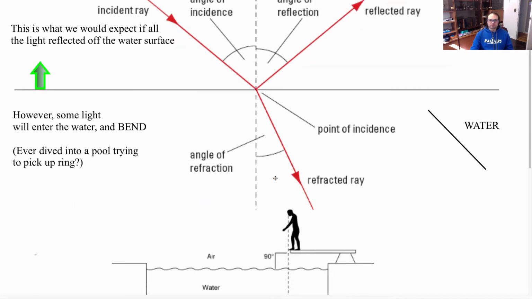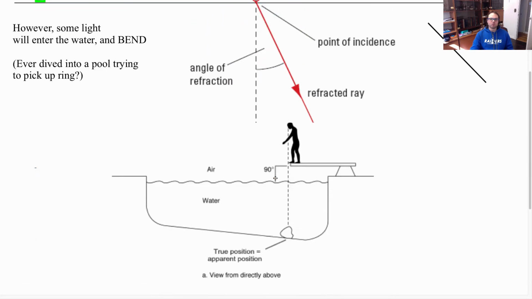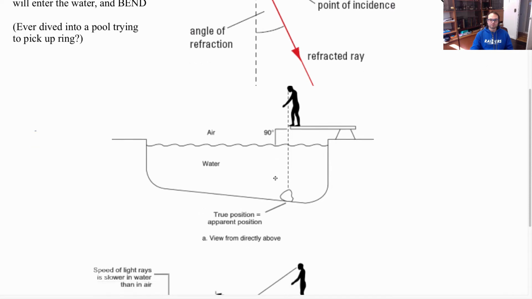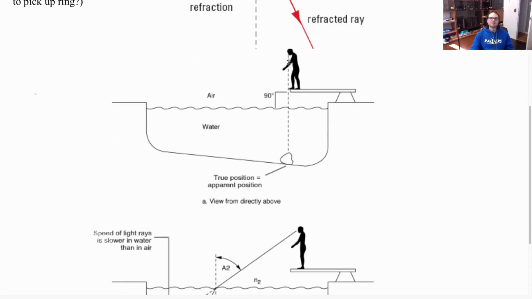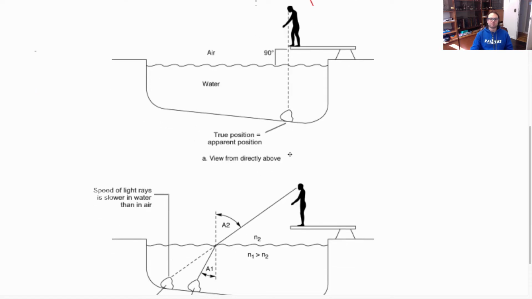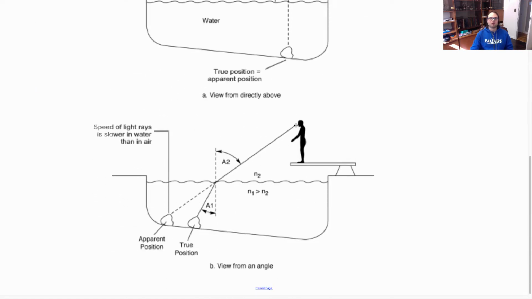So let's look at an example over here. This guy's looking straight down, which is the normal, which is perpendicular, and he sees the rock at its true position. Here's another example where the guy is looking at an angle.